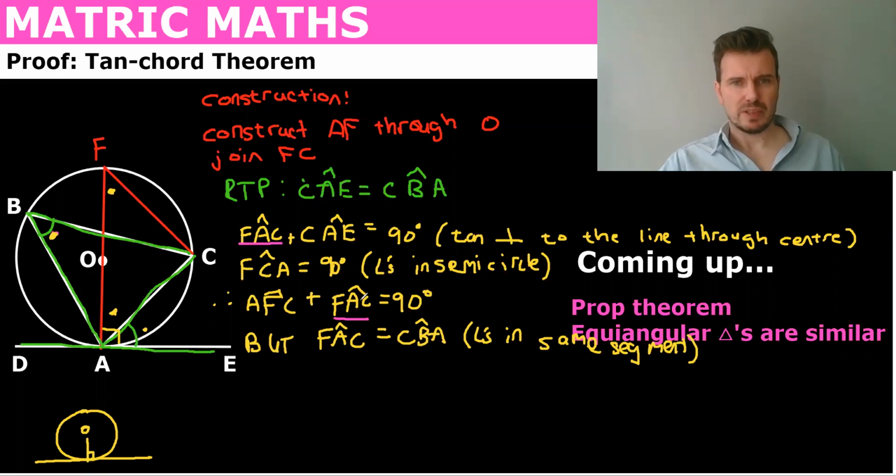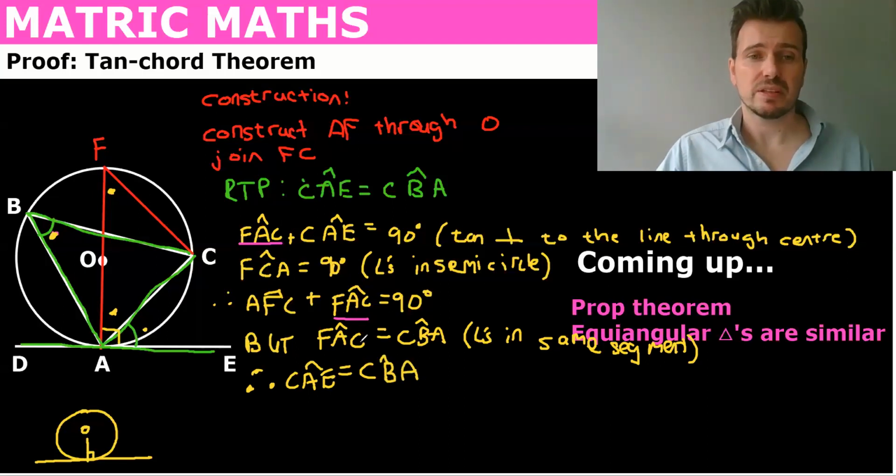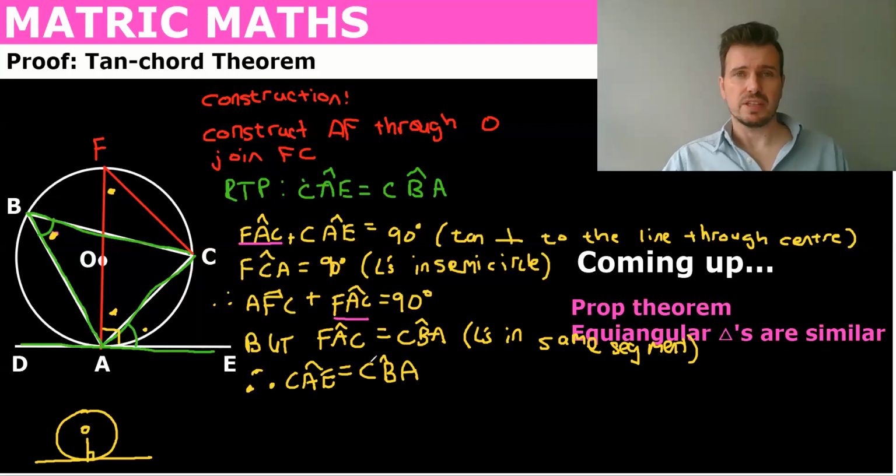So now we've proved that, we can see now they're connected. CAE is equal to CBA because of the connection with the FAC. So we've done it. Therefore, CAE equals CBA. Okay, so this is probably the trickiest one of the four that we've done so far.